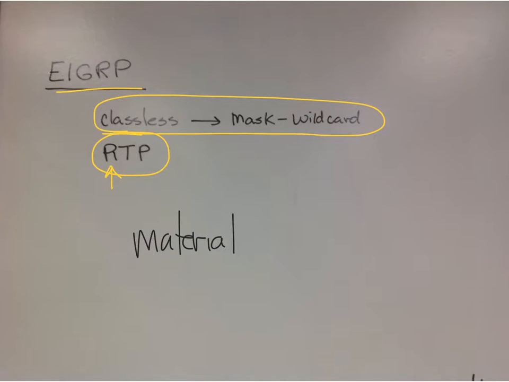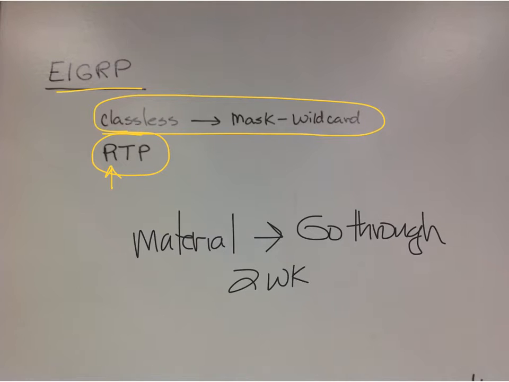Now, I don't expect people to remember it all, but we need to go through all of it over the next 2 weeks or so. That's chapter 6 and chapter 7. And then 8, 9, and 10 are all OSPF.